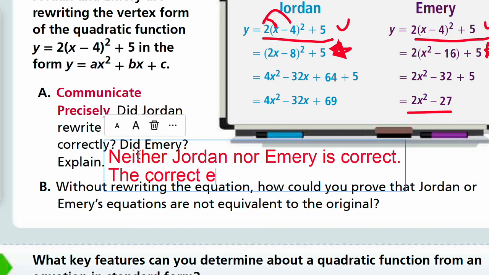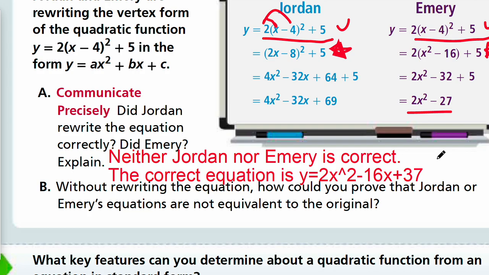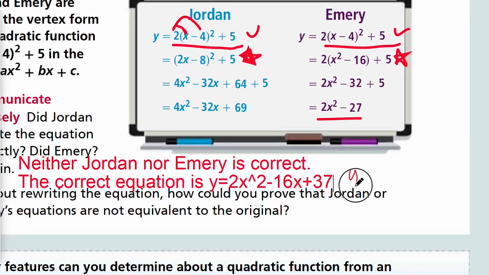The correct equation is y equals 2x squared minus 16x plus 37.